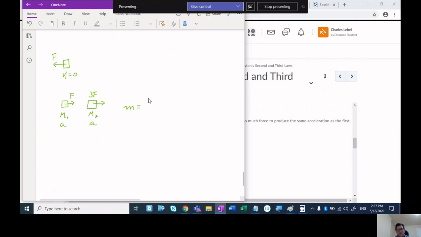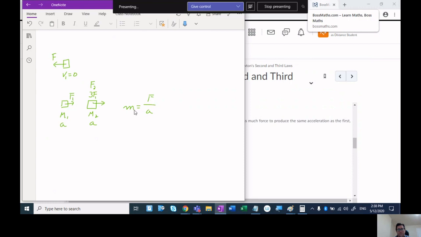So mass is F divided by A. If you have 3F, you have 3M. How can you not, right? We can say F1 and F2, but F2 is also 3F1, right?